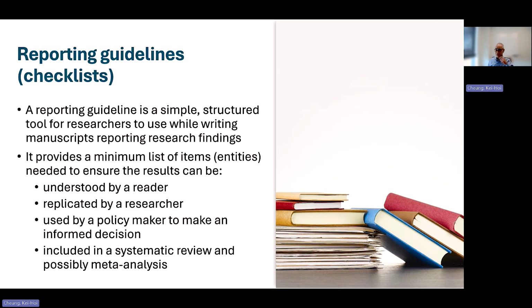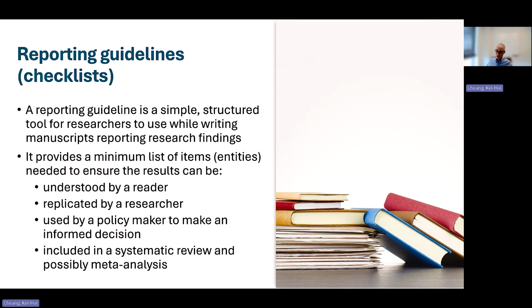Now, another standard we want to leverage is reporting guidelines or checklists. A reporting guideline is a simple structured tool for researchers to use while writing manuscripts and reporting research findings.